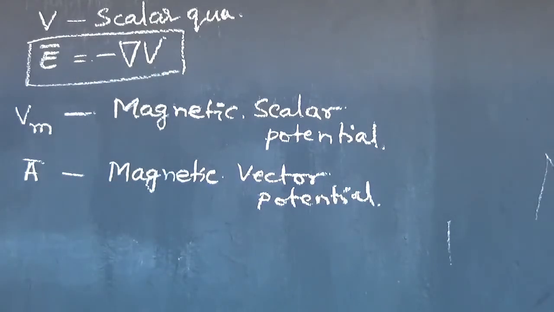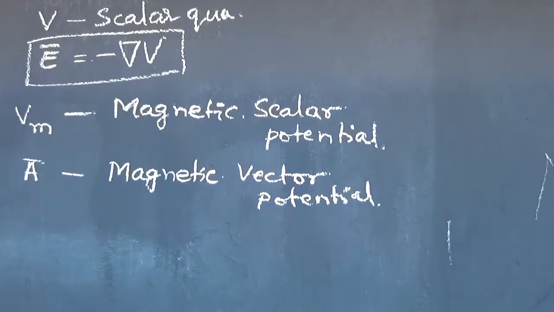So, totally in magnetic fields, we will have two potentials. One is the scalar potential, which is represented with Vm, where the subscript m represents that this is the magnetic potential, and the other is A bar, which is the vector potential.